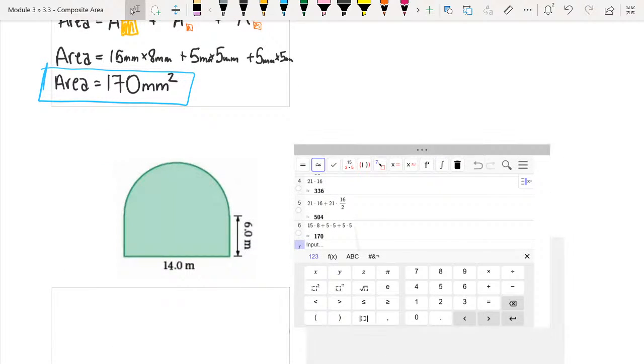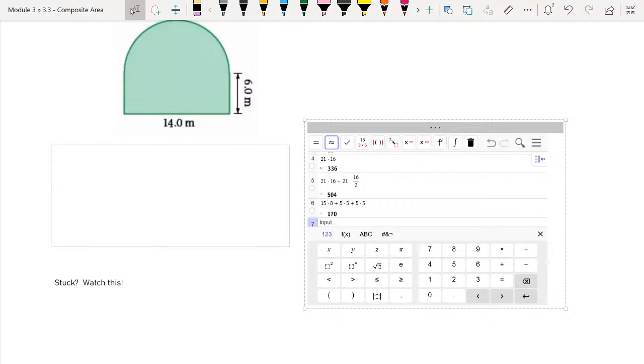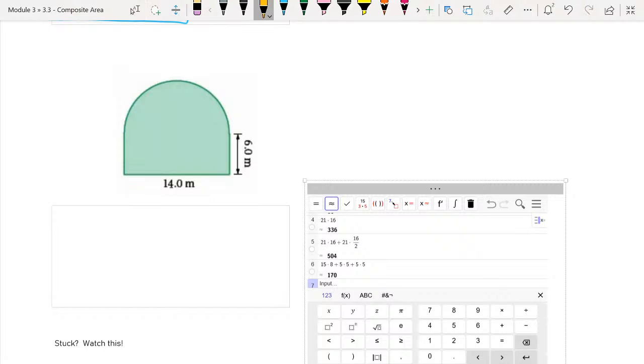The last one we want to take a look at is this shape here. And for this one, we said we have a rectangle here. That's really easy. That is just a 14 by 6 rectangle.